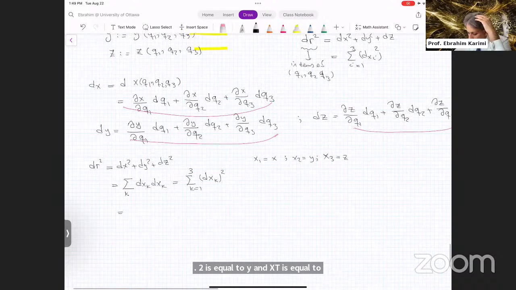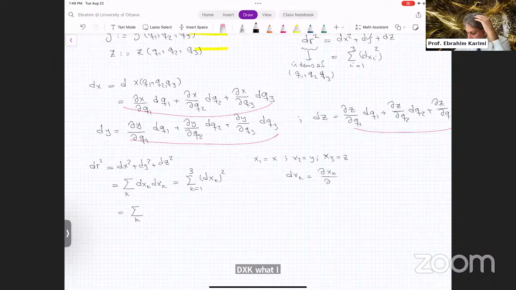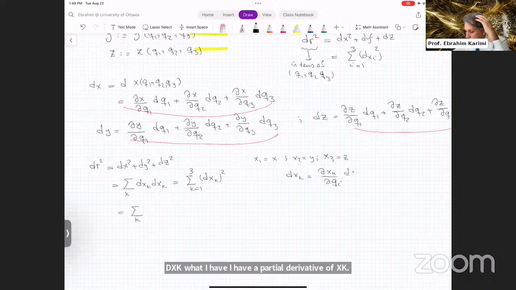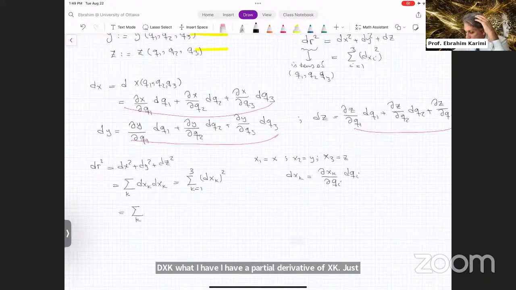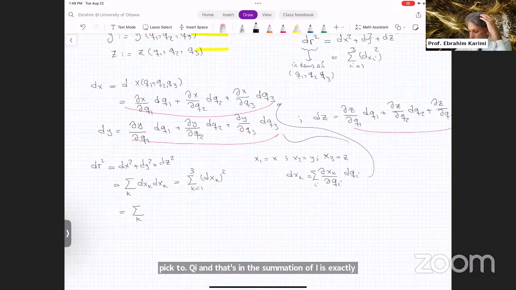And for dx_k, I have the partial derivative of x_k with respect to q_i, dq_i, in the summation over i, which is exactly the same expression as the earlier ones.